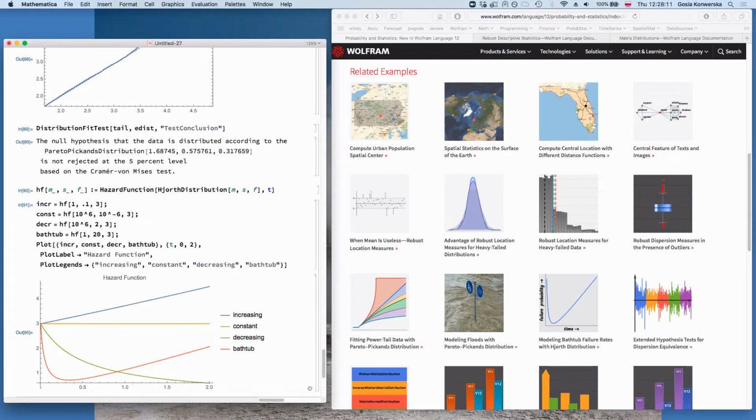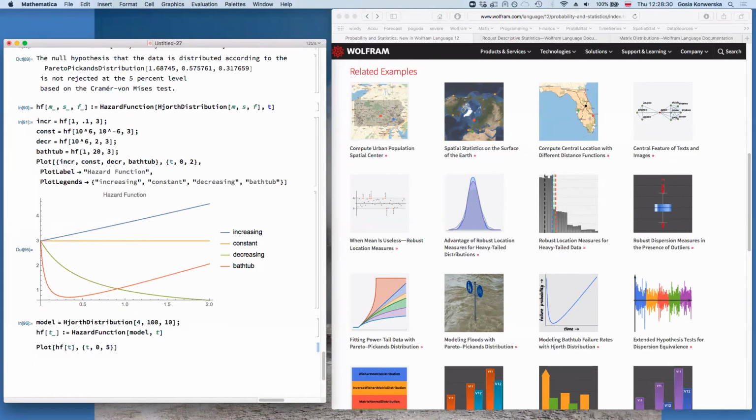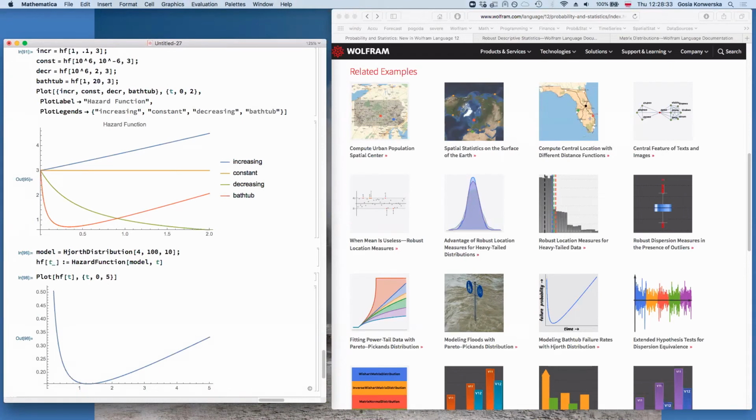You can see it can be increasing, decreasing, constant, or have this desired bathtub shape. So we can consider a device that has a lifetime modeled by the Hjorth distribution, and we can plot the hazard function of this model. It has the bathtub shape.